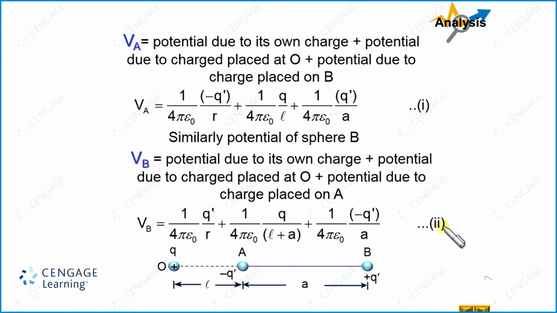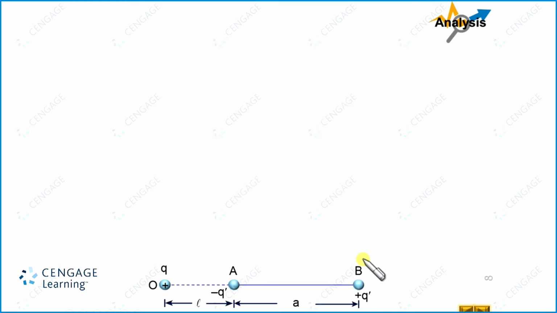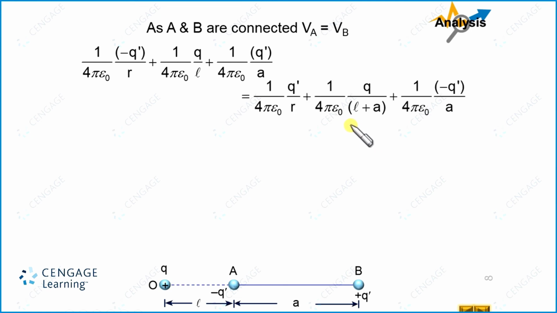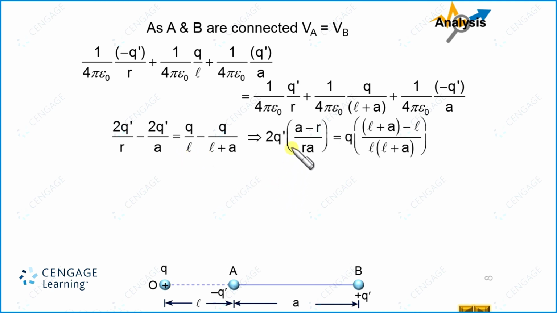As both are connected together, that means the potential of A should be equal to the potential of B. So, let us equate the potential. This is V A and this is V B. Now, we can further solve. 1 upon 4 pi epsilon naught will get cancelled, so this term will get cancelled. This is the expression. Now, we can further solve like this.